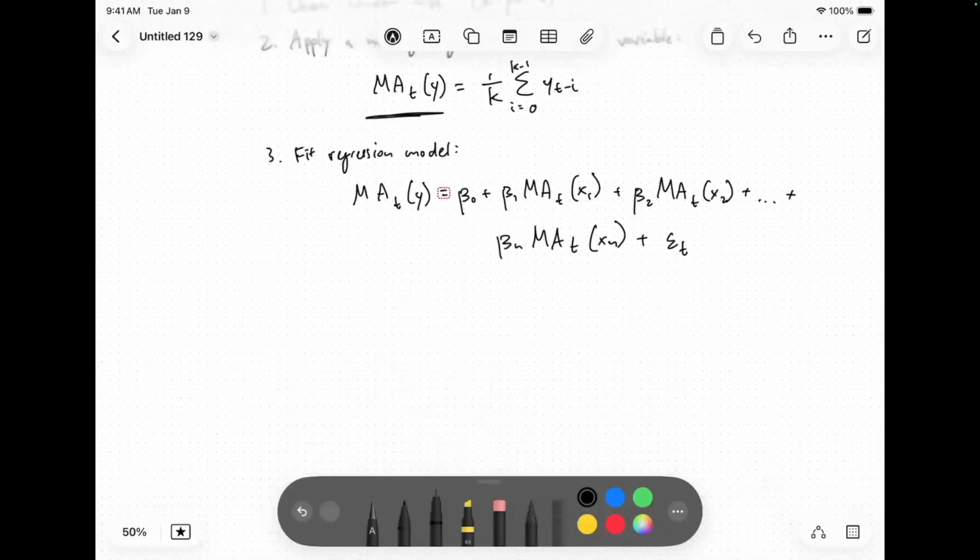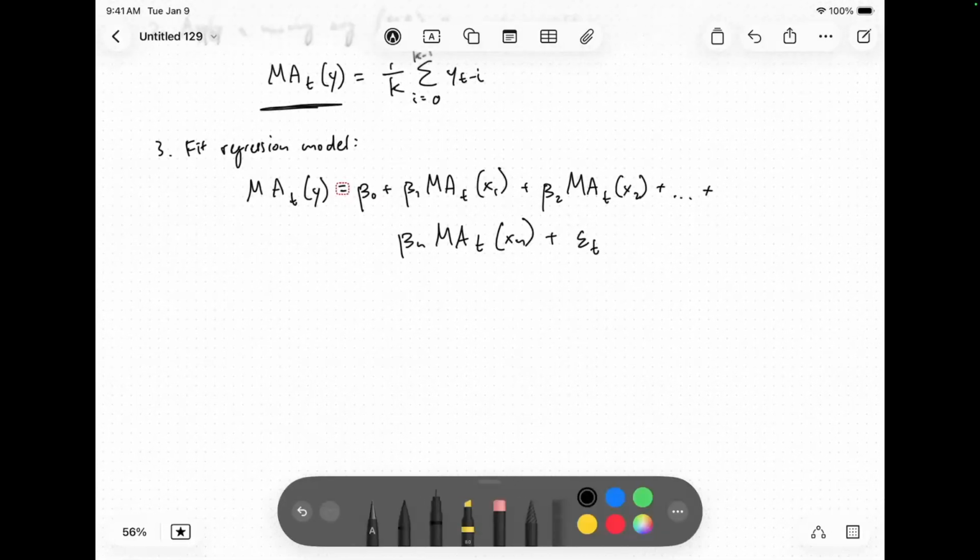And to be a little bit more explicit about the difference: differencing versus moving average.